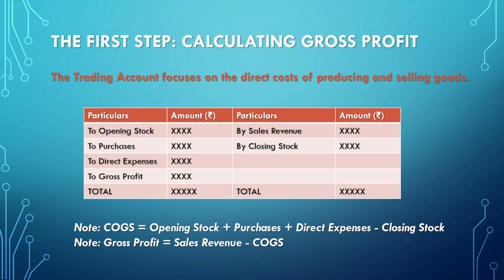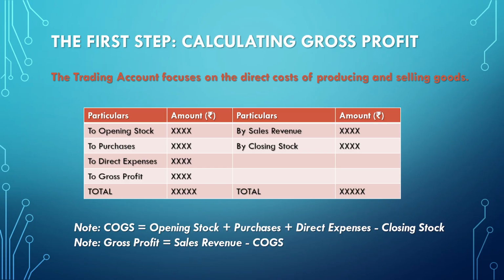So, what is the formula for cost of goods sold? Opening stock plus purchases plus direct expenses minus closing stock, because closing stock is not yet sold, it is still there.